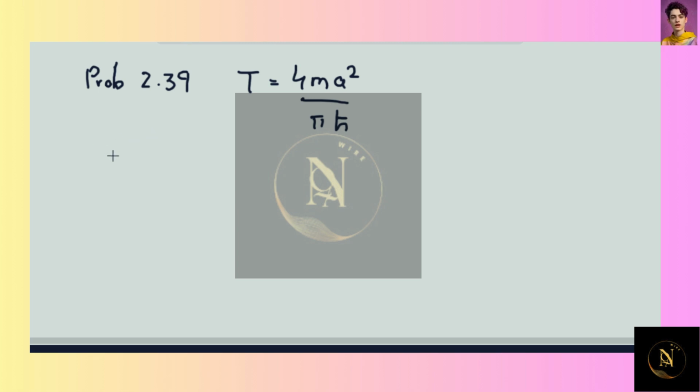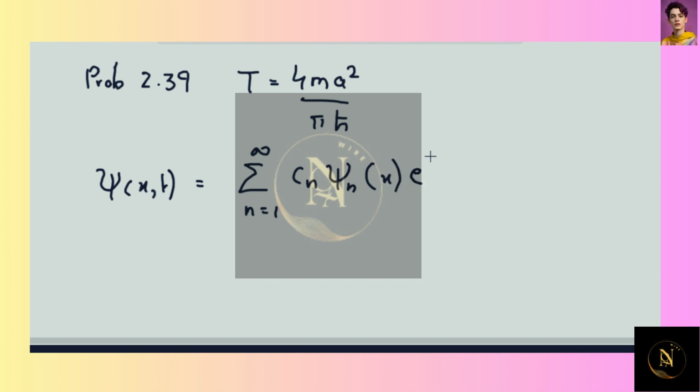So the solution for the time dependent Schrodinger equation is given by Ψ(x,t) equals the summation over n equals 1 to infinity of c_n φ_n(x,t) times the exponential e to the power minus i n² π² ħ² divided by 2ma² t.